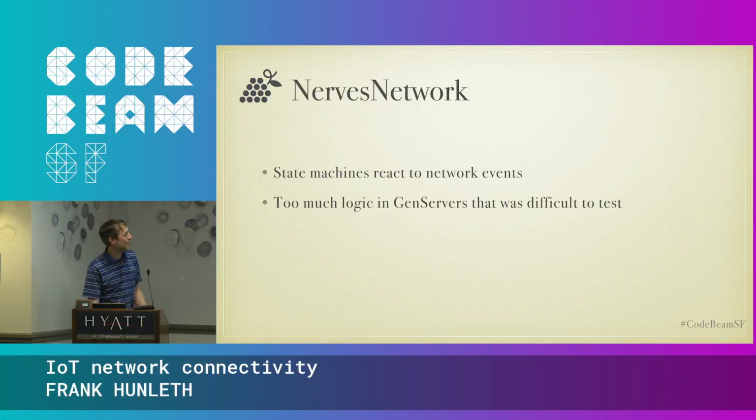But when I wrote that up, a lot of the logic was in GenServers, and it was incredibly difficult to test this code. So everyone who worked with Nerves Network would know that before you ship a new release, you check: does it connect up to my home LAN, or to this router, the Wi-Fi?